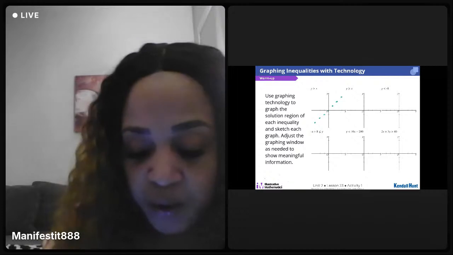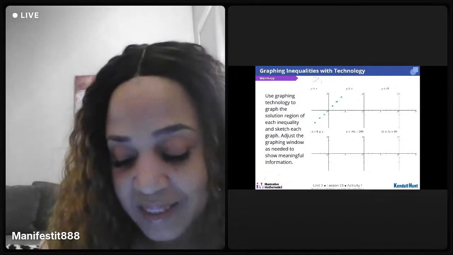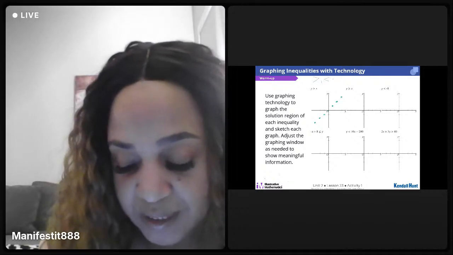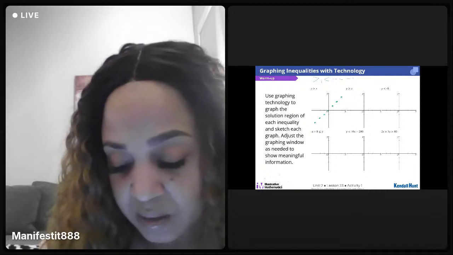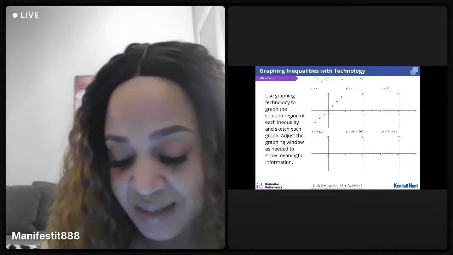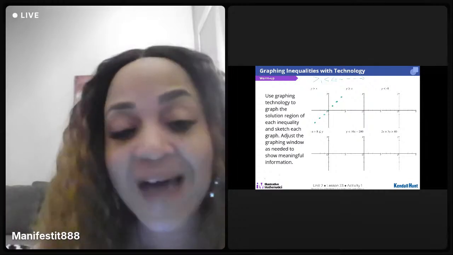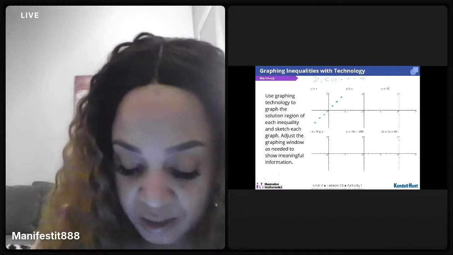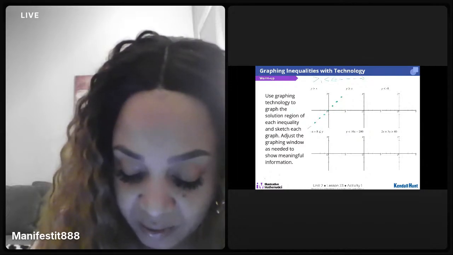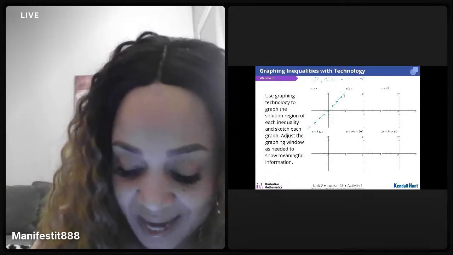Okay, for your greater than and less than symbols, we're going to need a dashed line, because the values along that line are not included in the solution. So when we connect our dots, we're going to make it a dashed line.